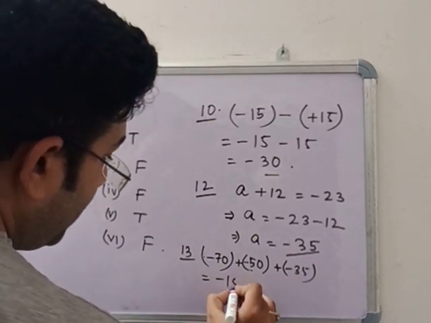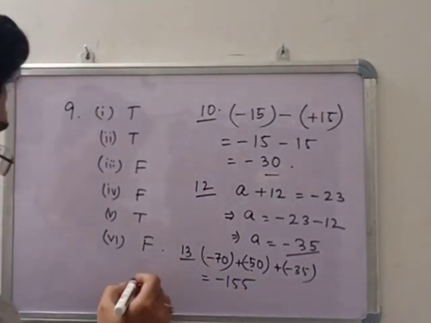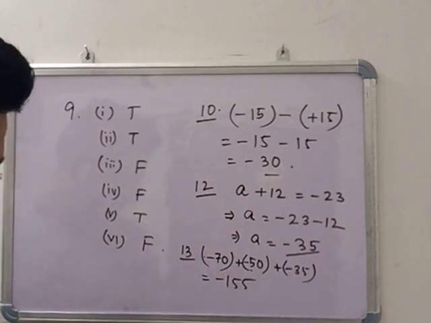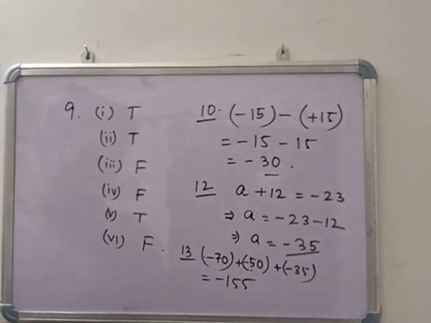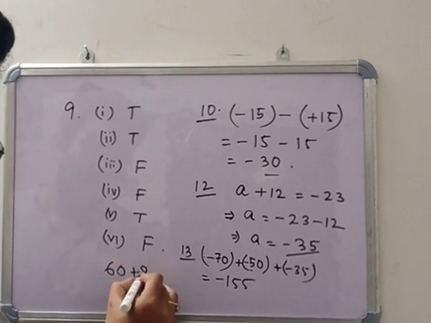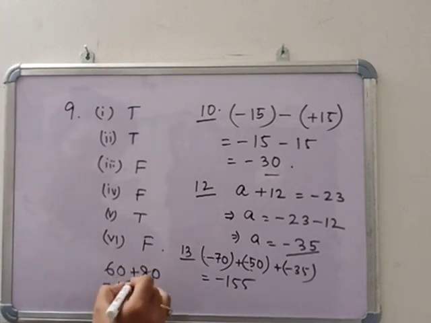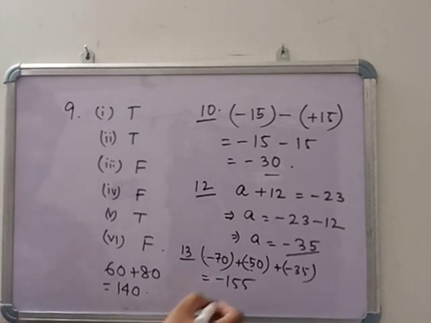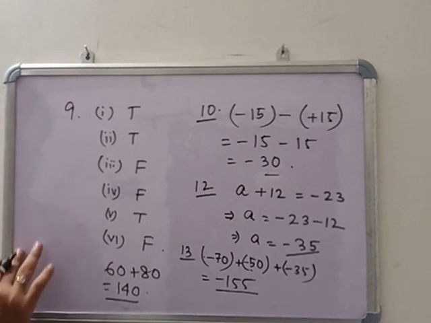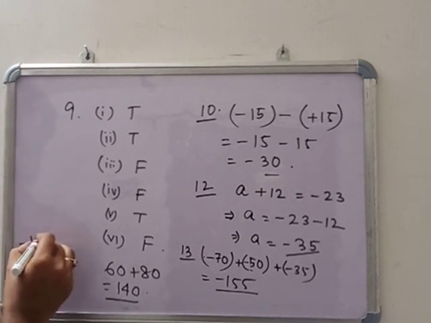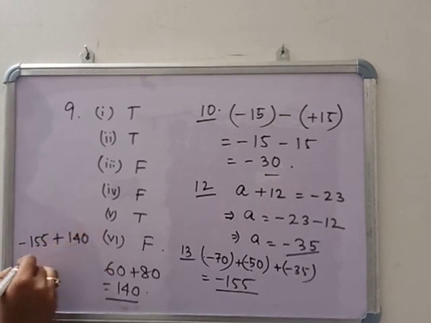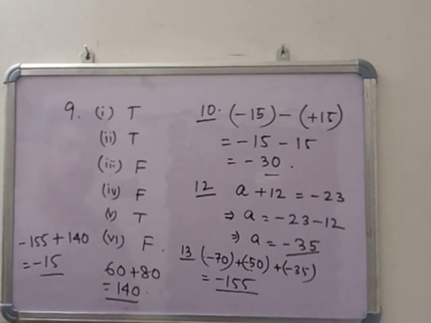That means this is minus 155. And gained is 60 plus 80. That means 140. So which is big here? 155. So we can write here minus 155 plus 140 equals minus 15. That means his net loss, minus given, that means loss. So his net loss is minus 15.